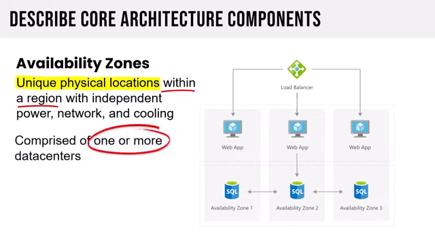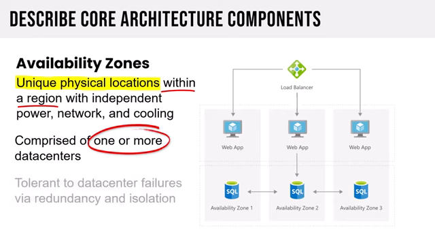And they're comprised of one or more data centers. If we look at a region for a cloud service provider, like US East, for example, that region is going to consist of multiple data centers in fairly close proximity, and availability zones will provide a way for us to spread our infrastructure within that region, within those data centers, to tolerate data center failures via redundancy and isolation.